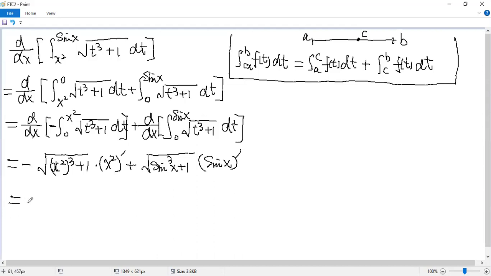So finally we get negative 2x times the square root of x to the 6 plus 1, since x squared cubed is x to the 6, plus the square root of sin x cubed plus 1 times cosine x, since the derivative of sin equals cosine x. That is the final answer.